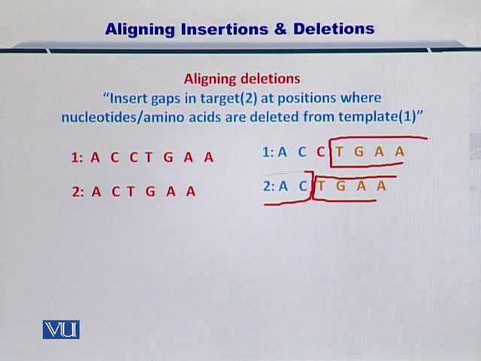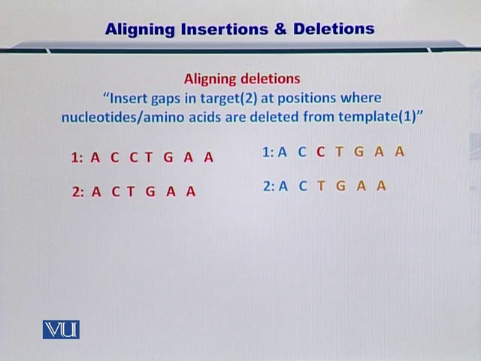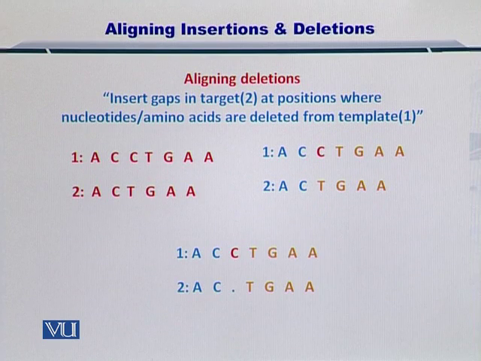They match very nicely for these nucleotides, but we have this other nucleotide C that does not exist in the target. So how do we manage this? We simply insert a gap here in the target. In this way, we can handle insertions and deletions while comparing two sequences.